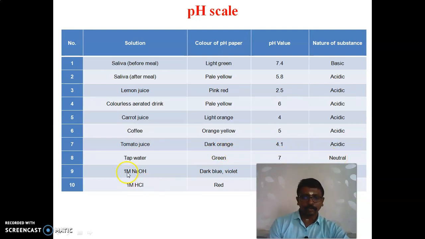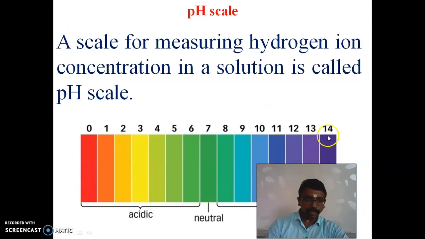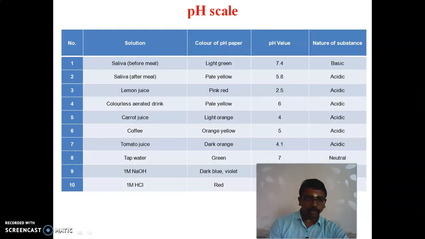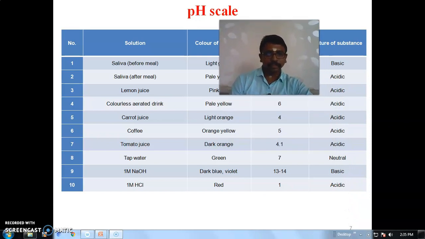And 1 molarity of sodium hydroxide. Capital M indicates molarity. The color of the pH paper is dark blue or violet. Dark blue, violet means the pH value is 14, so it is basic.